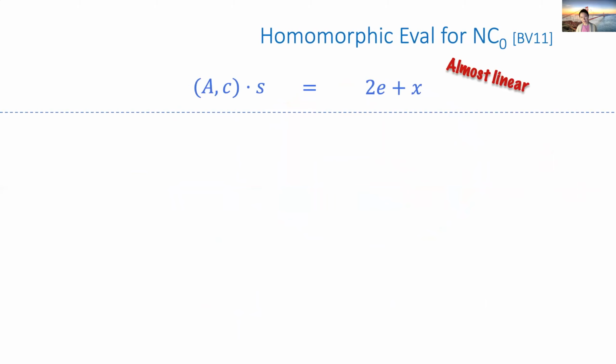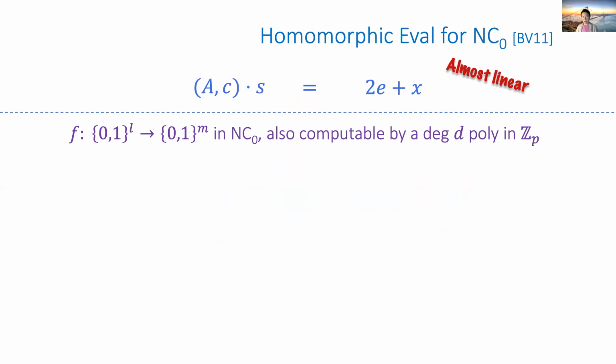In order to see this, we want to carefully gaze into this almost linear decryption equation. So suppose we're given an NC0 function. Because it has constant locality, such functions can actually be computed using a degree D polynomial over a larger field, where D matches exactly the locality. So what would happen if we just evaluate the function f on both sides of the equation?